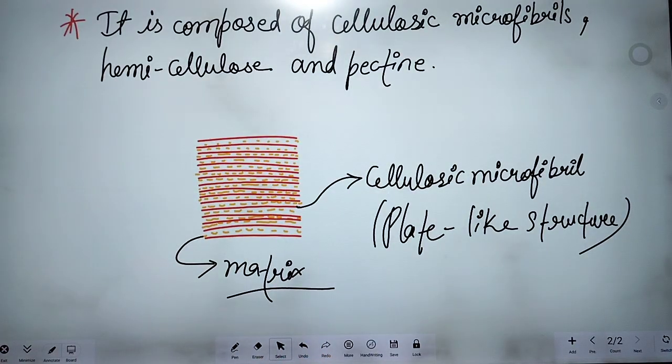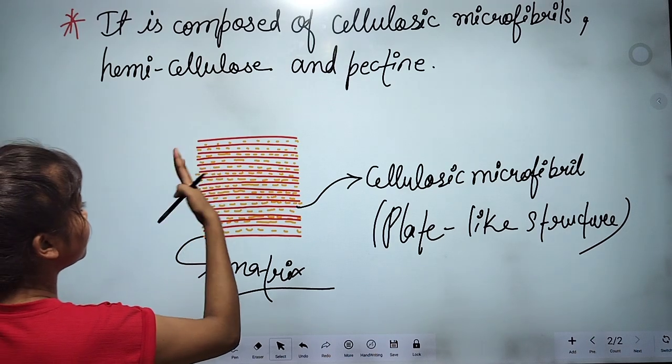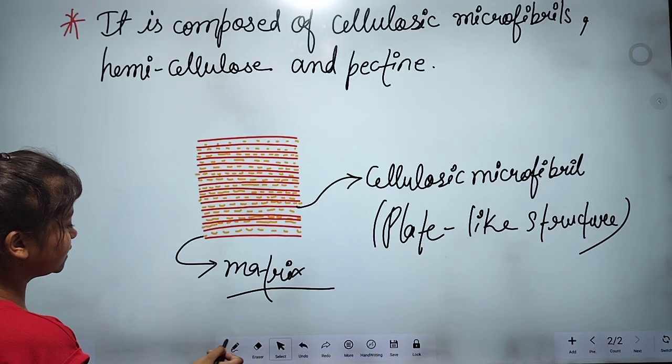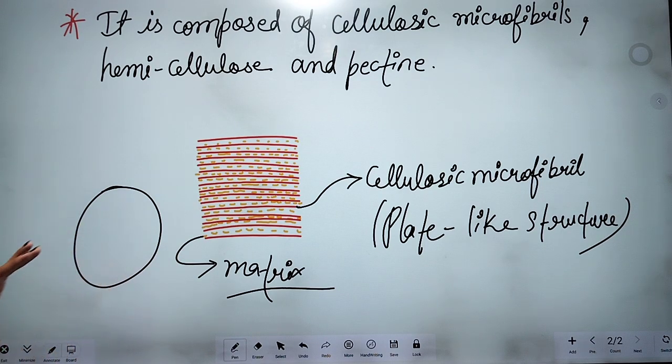So this is the simple figure of the primary cell wall. This is a layer, arranged in the shape of a circle. I hope you understand about the primary cell wall.